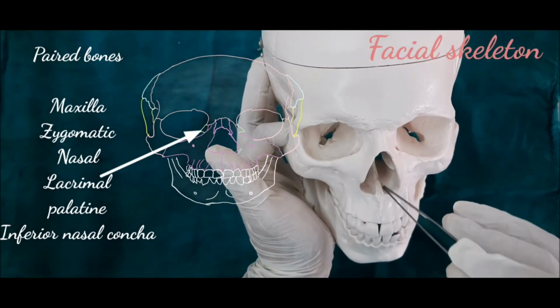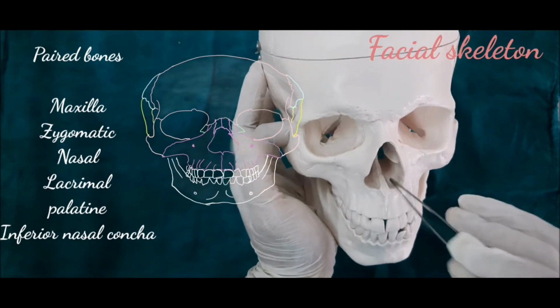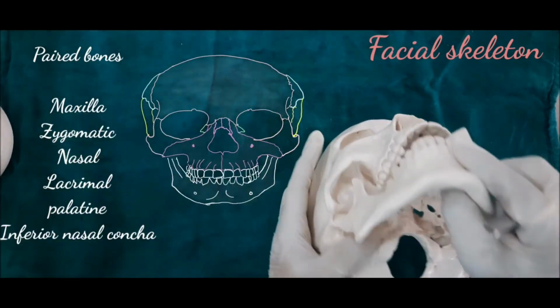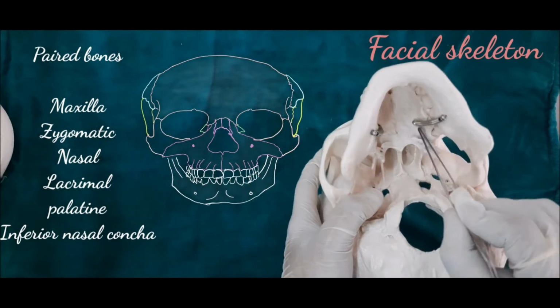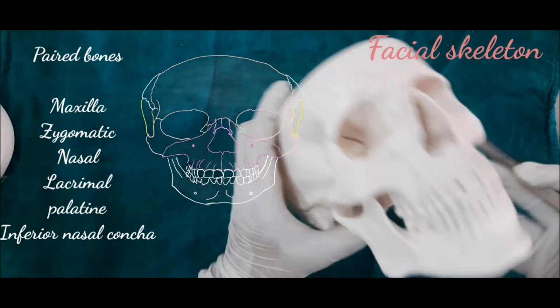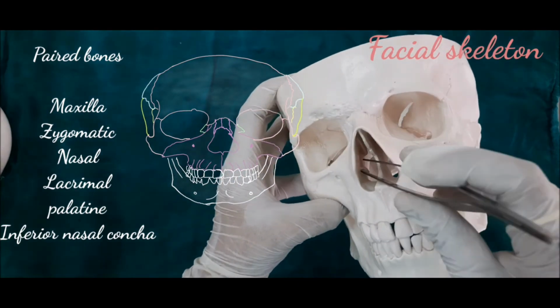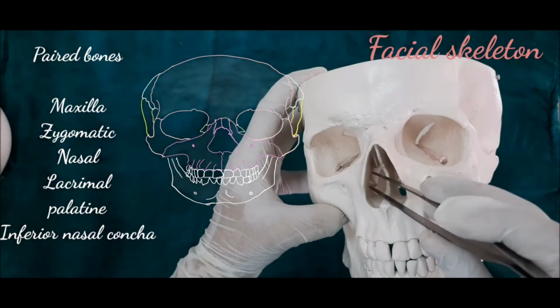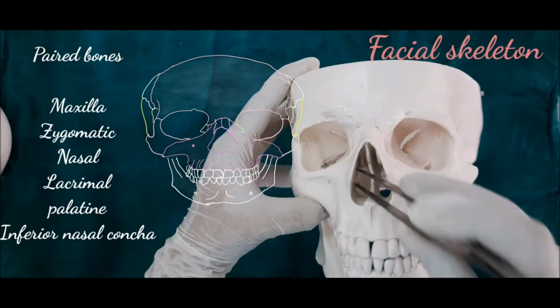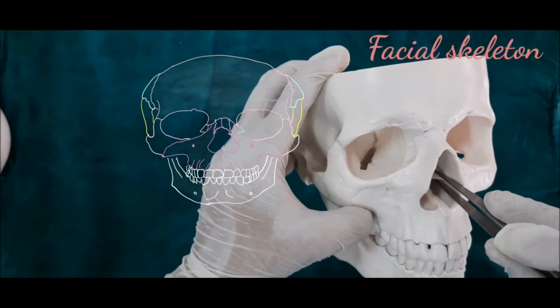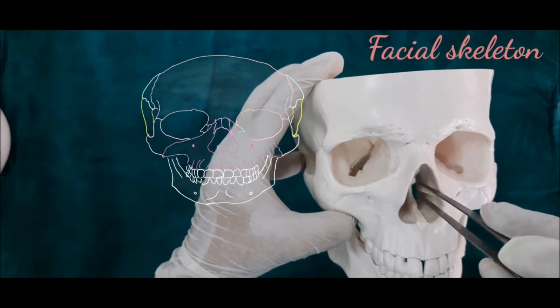Then here we can see the palatine bone. We can also see it from below. This is the palatine bone, and another one is the inferior nasal concha. This is also a paired bone, here and here on both sides, the inferior nasal concha.